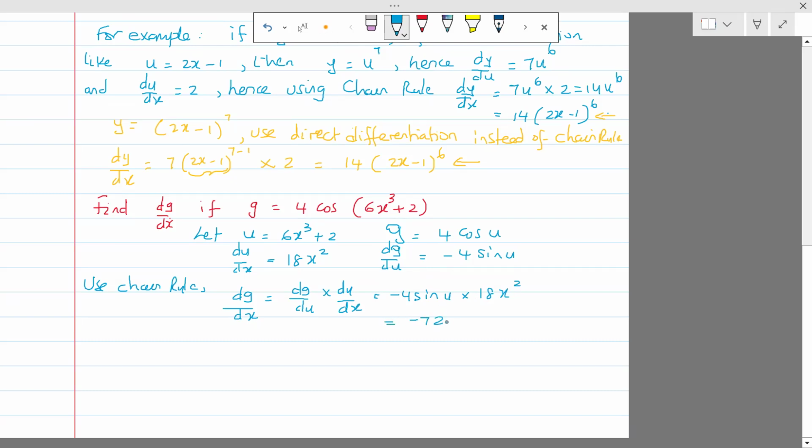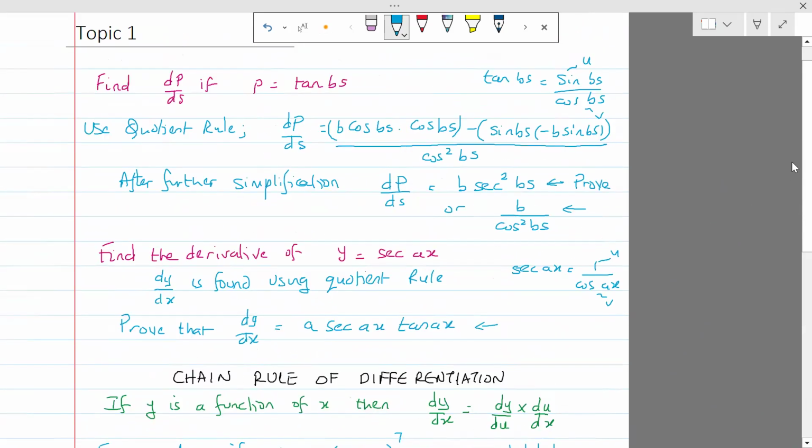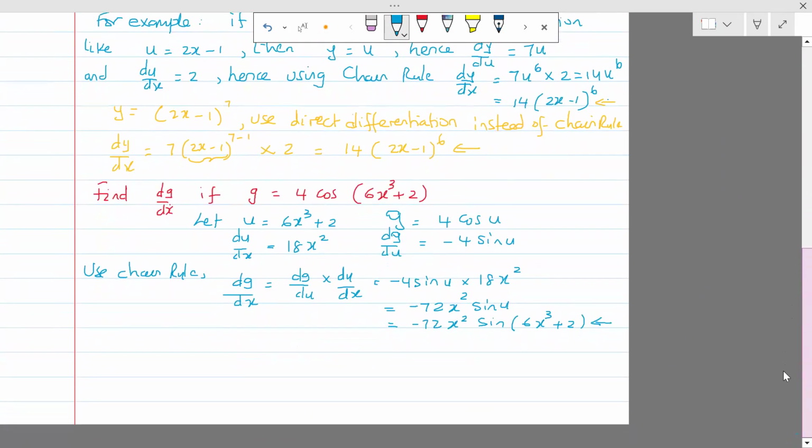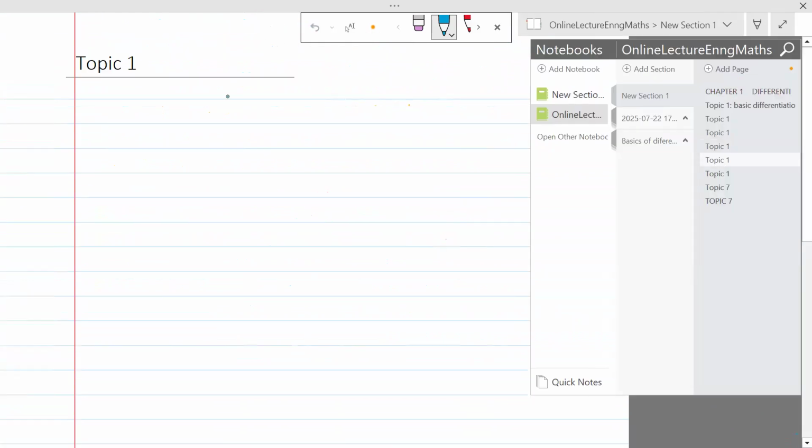And this becomes minus 72x squared sine of u, where u is 6x cubed plus 2. So this is also another example of the differentiation here. So this is the type of differentiation where we use the chain rule.